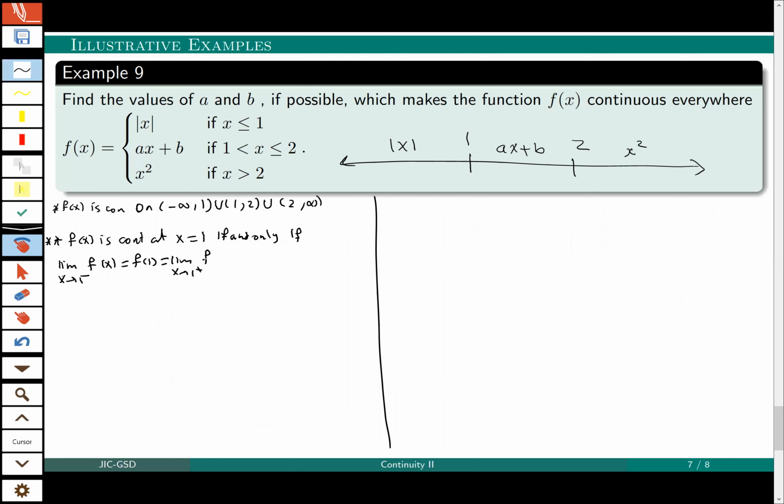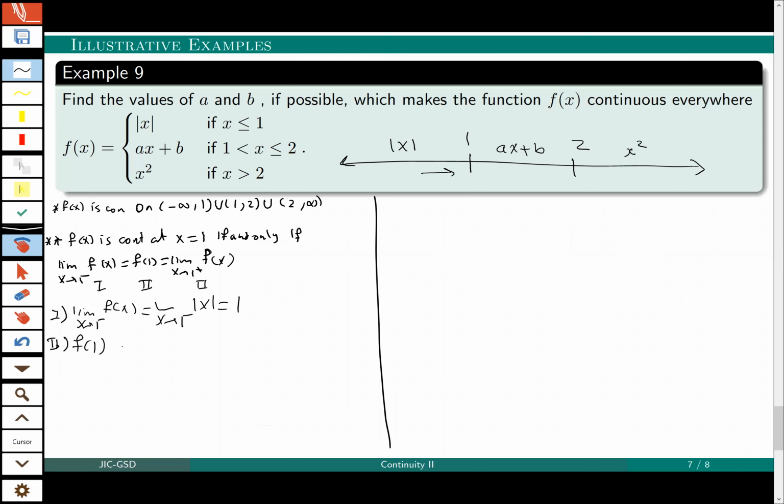And this means we have 3 parts, 1, 2, 3. We need to calculate the first one. What is the limit when x goes to 1 from left? From the left, it's absolute value of x, so it will be 1.